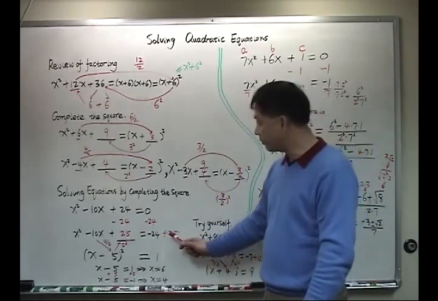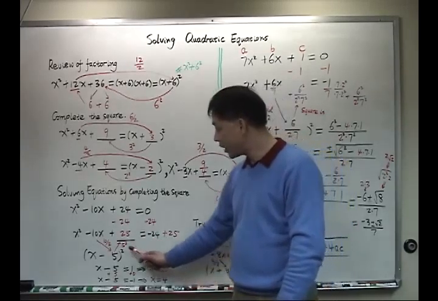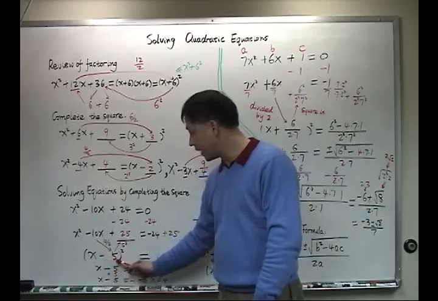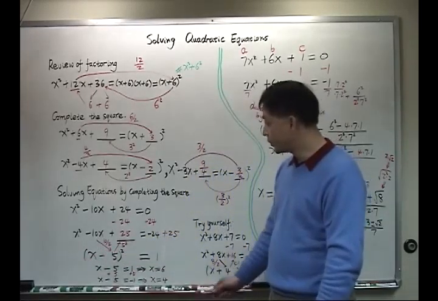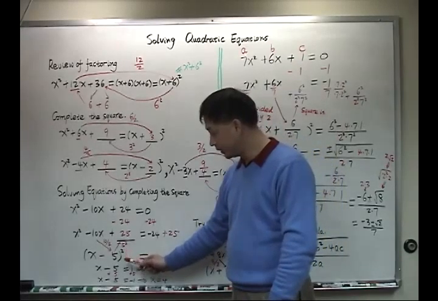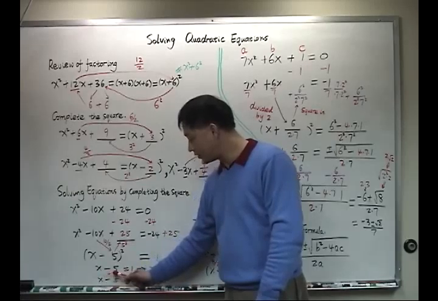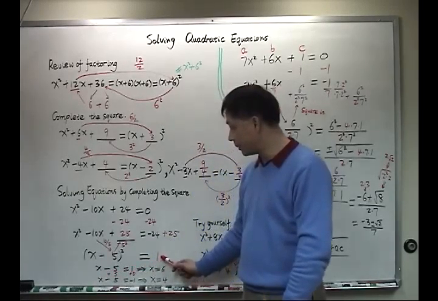Now 25 minus 24 is positive 1. On the left-hand side we have x minus 5 squared. If we take the square root, this square will disappear, and then we have x minus 5 equals positive 1, because here is 1.